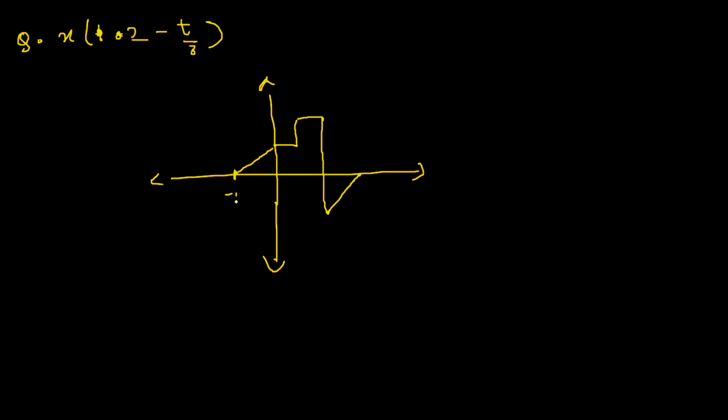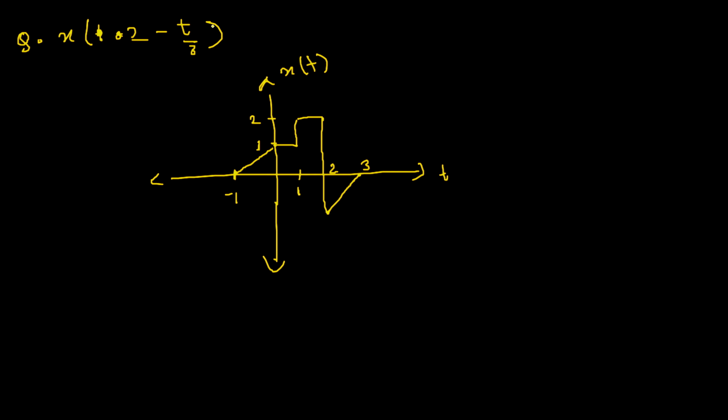This is -1, this is 1, this is 2, this is 1, this is 2, this is 3. This is the graph that we have to perform the given operations on. As you can see, all the three independent variable transformations have been performed on this. So this is x of t and this is t.